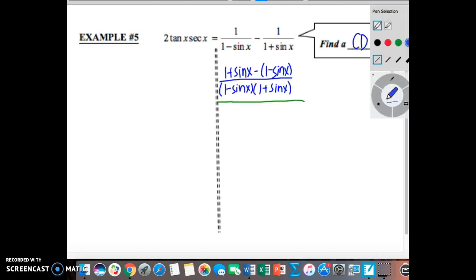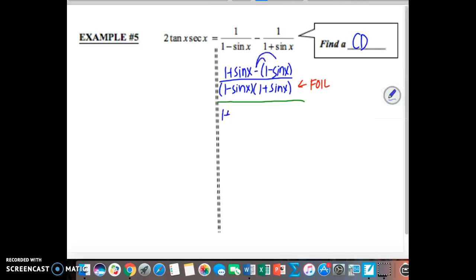So now if we FOIL the denominator, and we will also be distributing the negative in the numerator, we have 1 plus sine of x minus 1 plus sine of x divided by 1 minus sine squared of x.